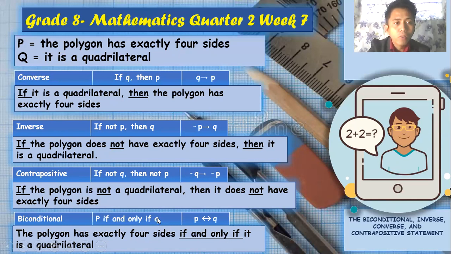Then followed by Q. What is our Q? It is a quadrilateral. That's why we can construct the statement by using the pattern P if and only if Q. So we can conclude that our biconditional statement is the polygon has exactly four sides if and only if it is a quadrilateral. So that is the biconditional statement. Is this clear?